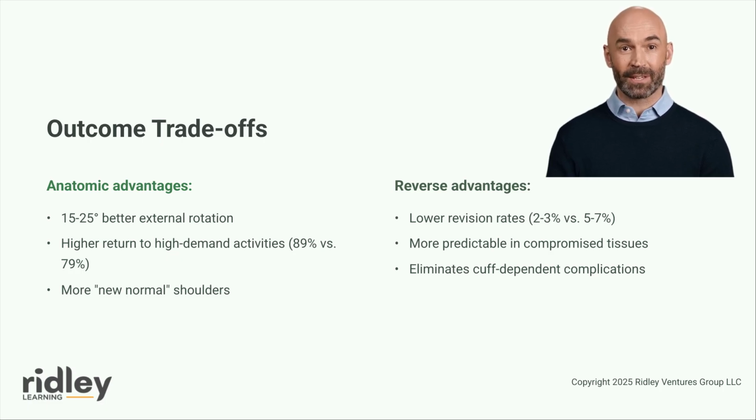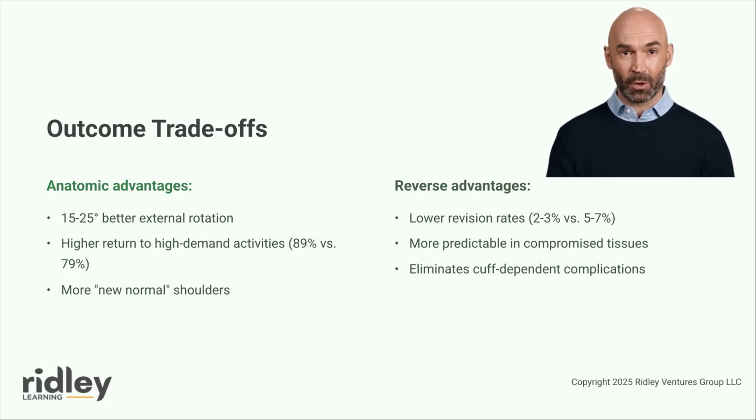Return to high-demand activities, including work and sport, is more reliably achieved after anatomic arthroplasty in patients with intact rotator cuffs. A 2023 study found that 89% of patients undergoing anatomic arthroplasty returned to their desired sports activities, compared to 79% of reverse arthroplasty patients, and that anatomic arthroplasty was associated with participation in a greater number of sports.